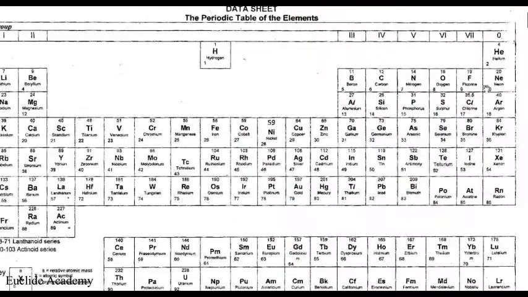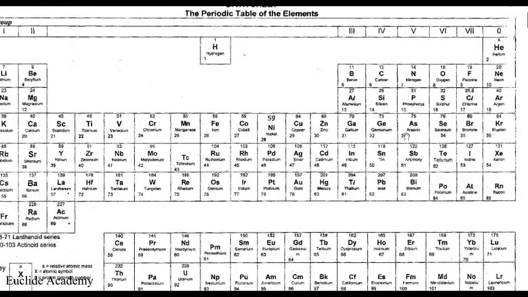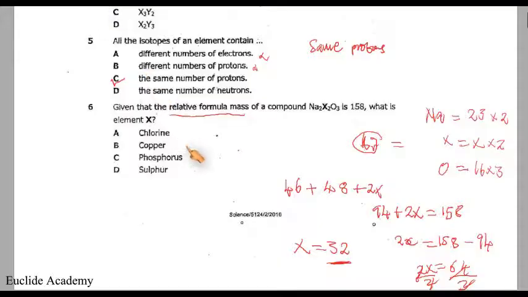So we go to a periodic table, we check which one has got 32, and we'll come here, sulfur, here it is. Okay, so we know that sulfur has got a relative atomic mass of 32. So we come here, we check where sulfur is, D is where sulfur is. So D is the correct answer.